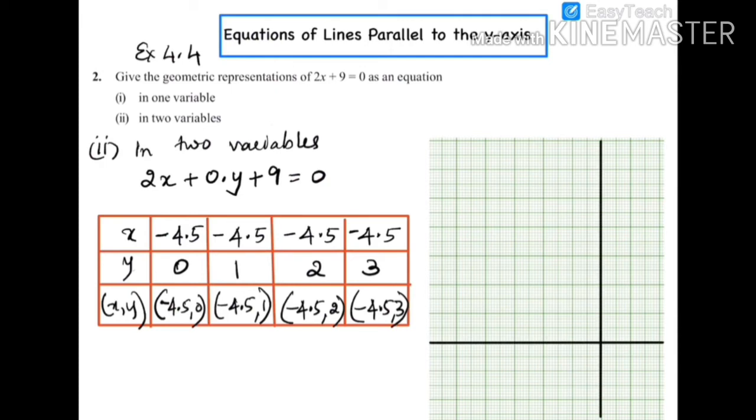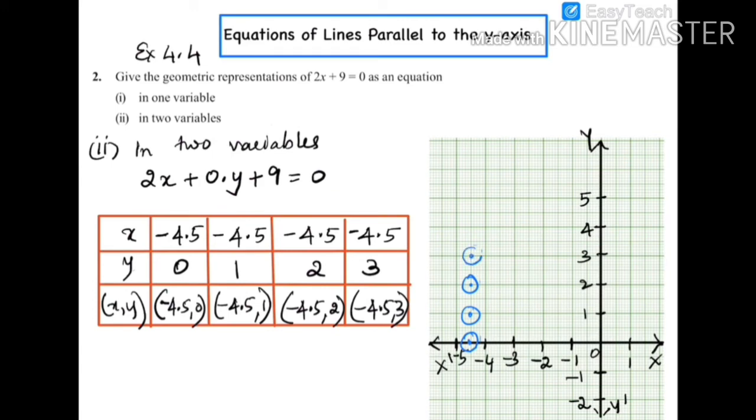Let's represent these points on the graph. Draw the x-axis and y-axis accordingly so that these points that we have found can be shown. (-4.5, 0) will be a point on the x-axis over here. (-4.5, 1) will be a point over here. (-4.5, 2) will be a point over here, and (-4.5, 3) will be over here.